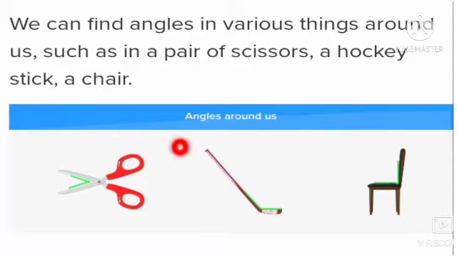We can find angles in various things around us, such as in a pair of scissors, a hockey stick, a chair. Here, scissors have an acute angle, a hockey stick has an obtuse angle, and the angle of a chair is 90 degrees, which is a right angle.